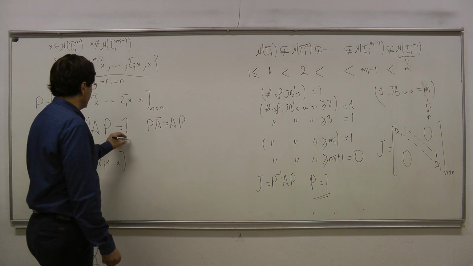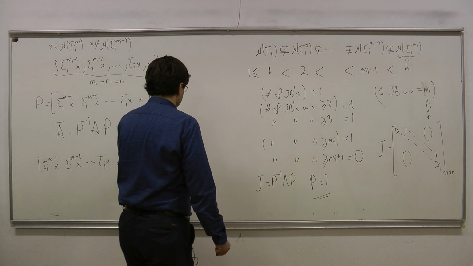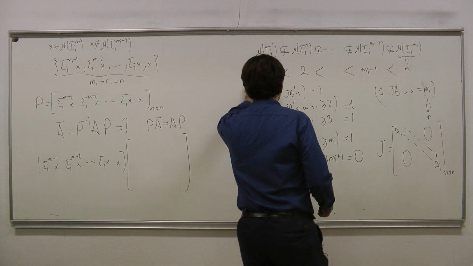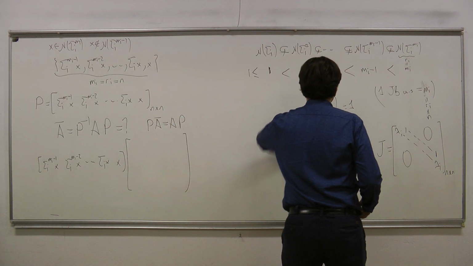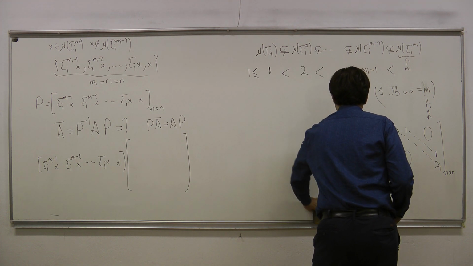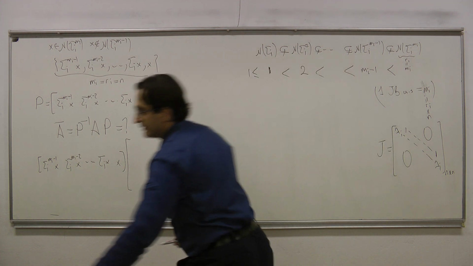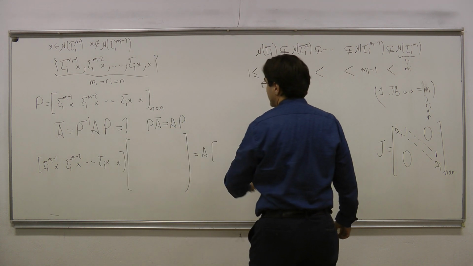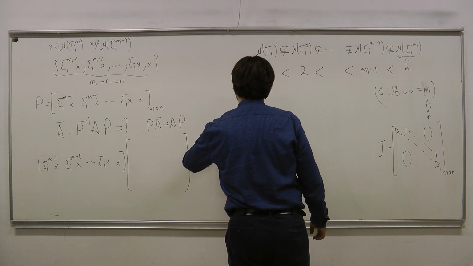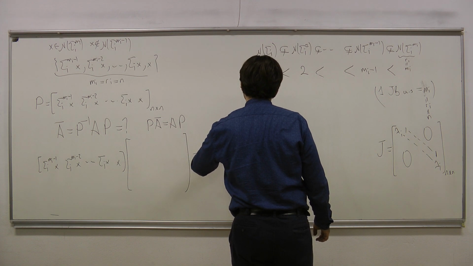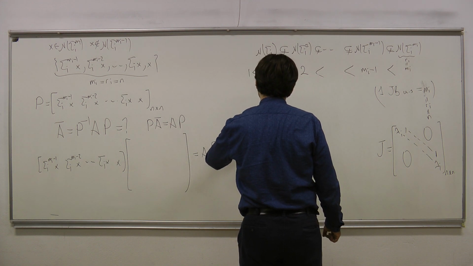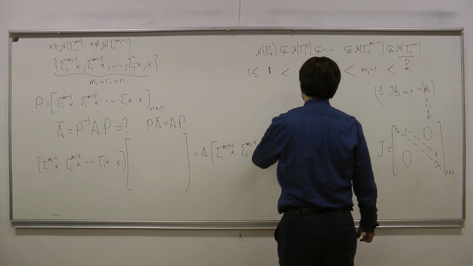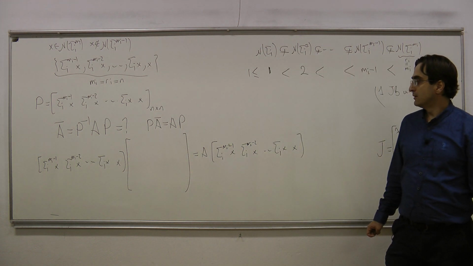This is my P. A bar, I will fill it in. And let us put here A times P, A times P again: (A − λ_i I)x and x. Okay?